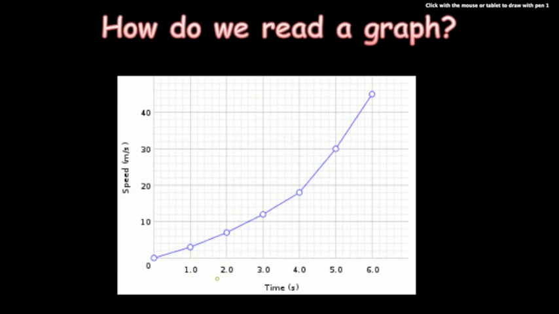Well, if you remember from the other day, we said that on the x-axis, the horizontal axis, we put down the independent or manipulated or controlled variable, all right? This is the independent variable.